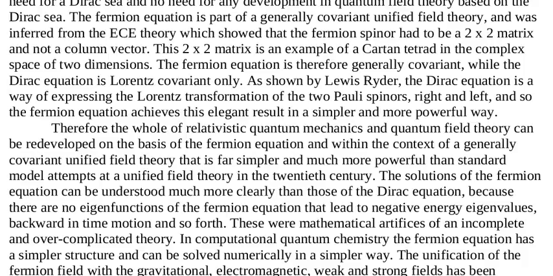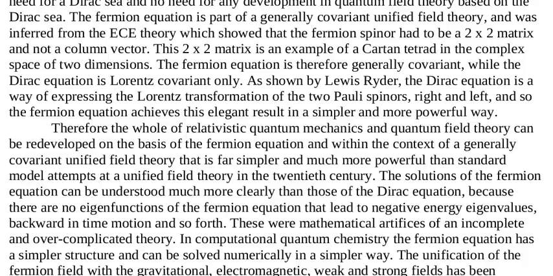Therefore, the whole of relativistic quantum mechanics and quantum field theory can be redeveloped on the basis of the Fermion equation and within the context of a generally covariant unified field theory that is far simpler and much more powerful than standard model attempts at a unified field theory in the 20th century.